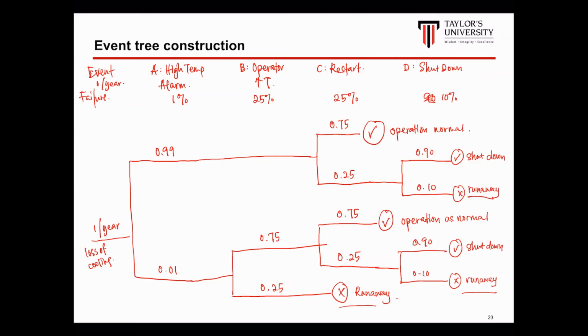The first failure here is 1 times 0.99 times, so this one, this one, this one, and this one, 0.25 times 0.10 is our first failure.